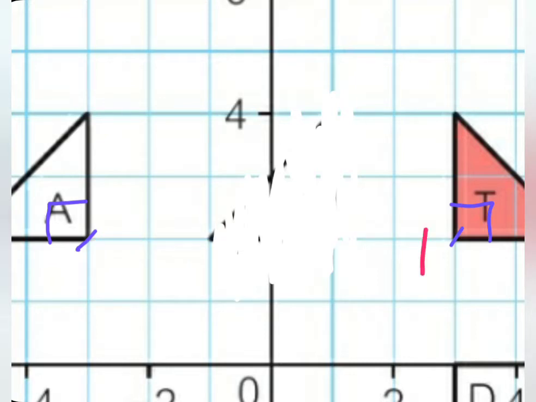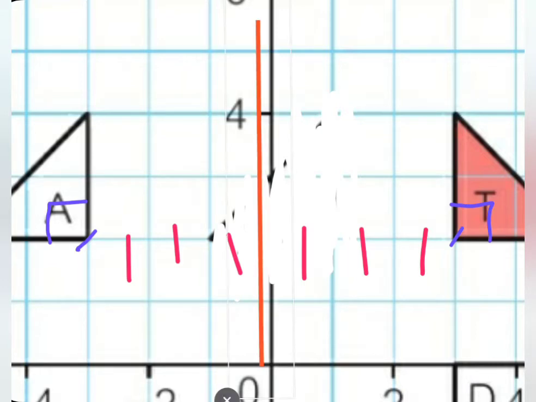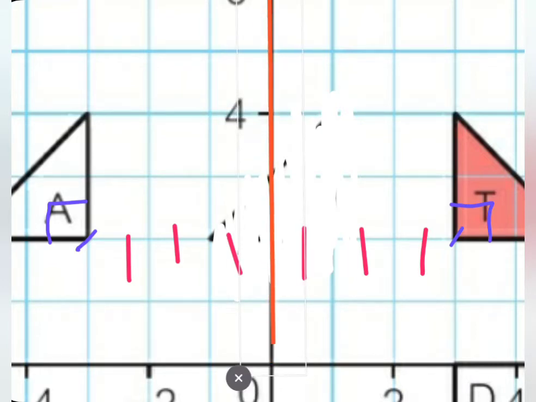So we have 6 of these. Now, the line between them, which is after 3 here, is going to be the mirror line. Very good. So the mirror line is here between this point and this point.